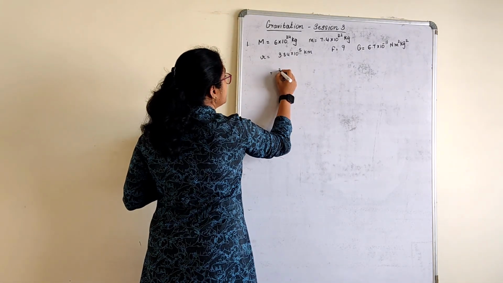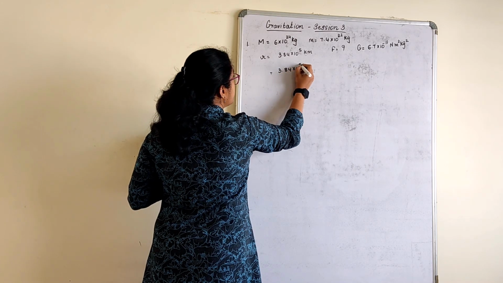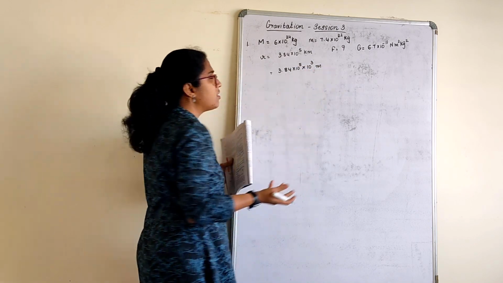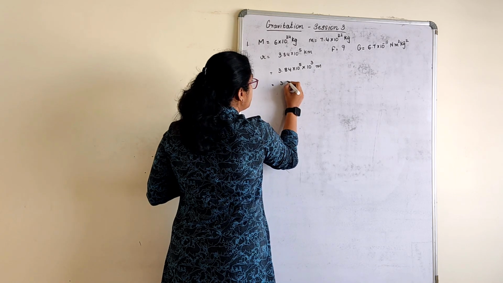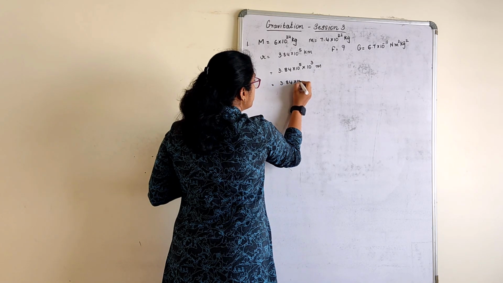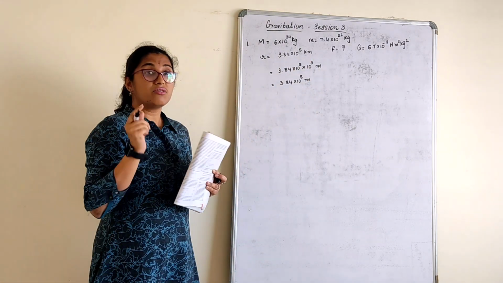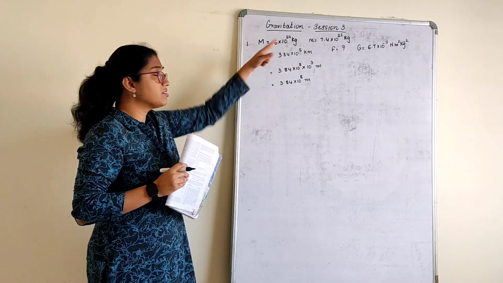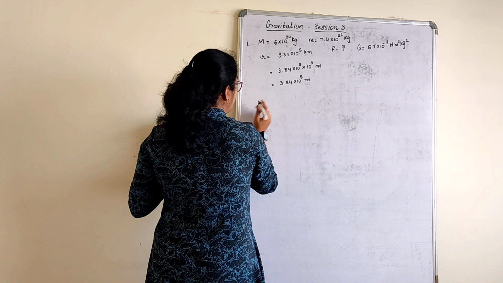So kilometer in terms of meter we have to convert, means into 10 raised to 5 into 10 raised to 3 meter, 1000 meter. So this is nothing but 3.84 into 10 raised to 8 meter. Remember, distance is always measured in terms of meter. Mass is always measured in terms of kg.